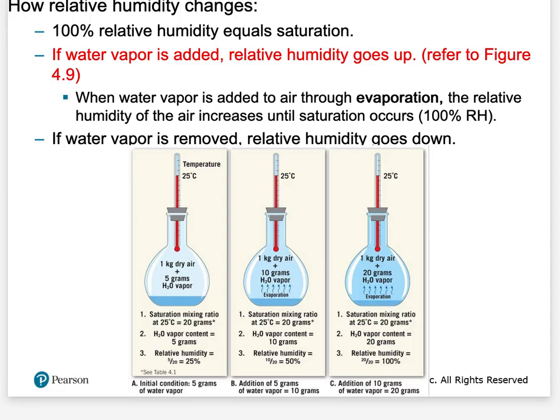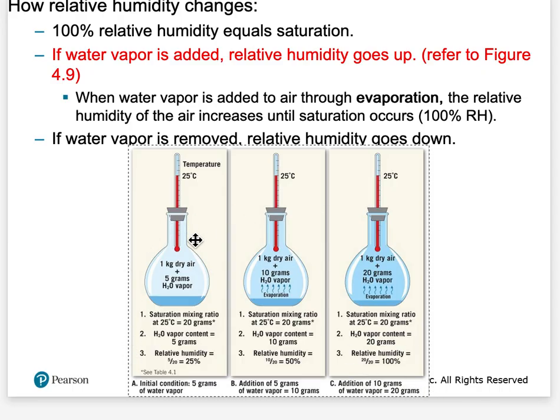Here we can see that if water vapor is added to these flasks, relative humidity goes up. So when water vapor is added to the air through evaporation, the relative humidity increases until saturation occurs at 100% relative humidity. If water vapor is removed, relative humidity goes down.